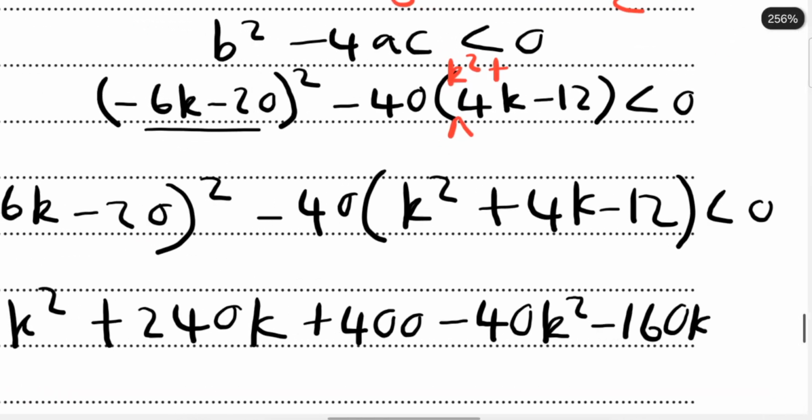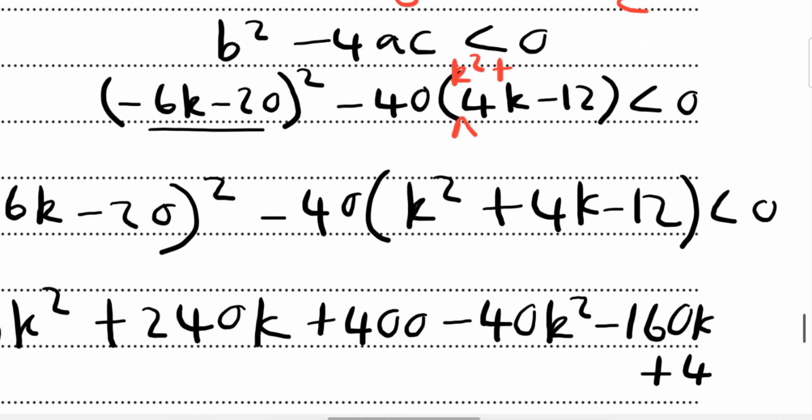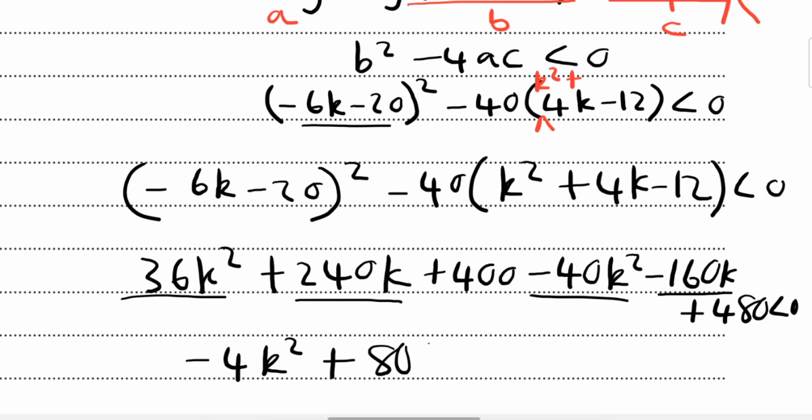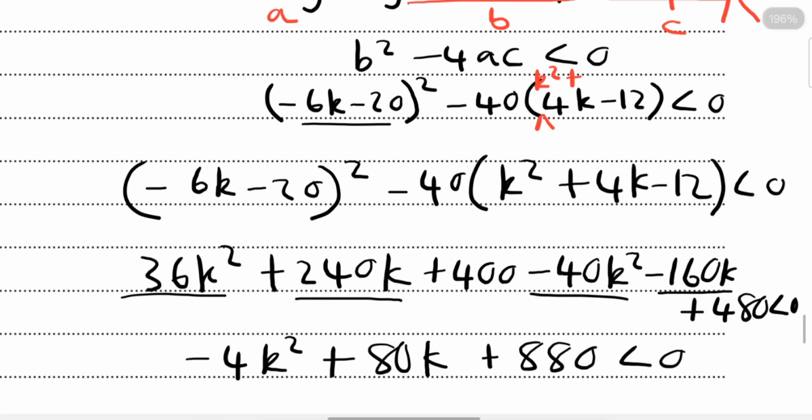It's 480. So it's plus 480, should be less than 0. Simplifying this, 36k squared minus 40k squared is minus 4k squared. Then 240k minus 160k, that's 80k. Then 400 plus 480, that's plus 880, should be less than 0.